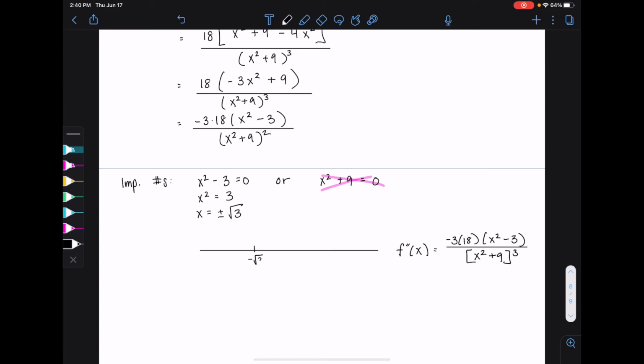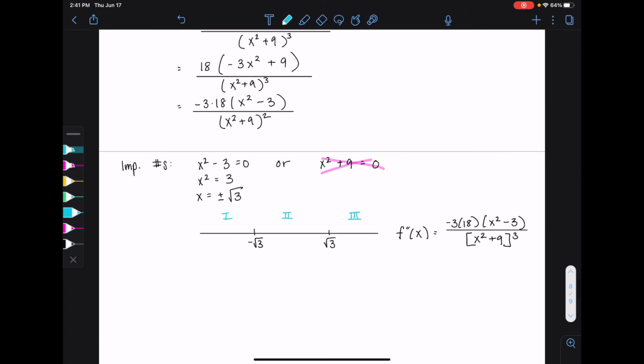And we have two important numbers, negative root 3, positive root 3, no values we have to exclude from the domain. So we have 3 intervals to test concavity for. So if I look at interval 1, negative root 3 is like negative 1.4. So I can pick negative 2.